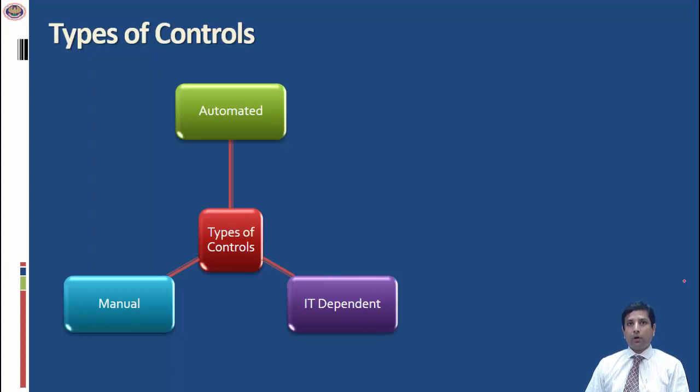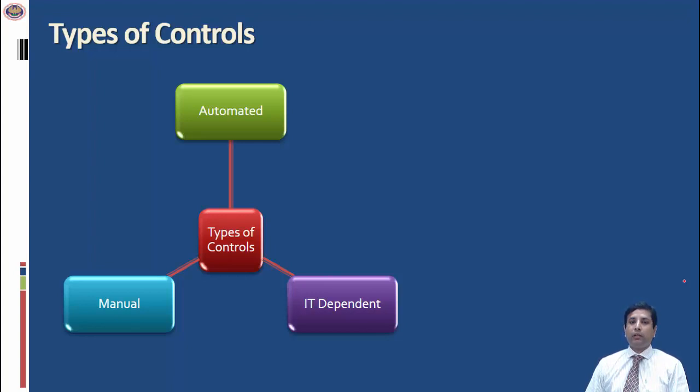It could be a report or any other information or data produced by a system which is used in the performing of a manual control. These are termed as IT dependent controls. Manual controls are those controls which do not require the use of IT systems. The business operations or the business transactions are performed manually purely by the employees or individuals in the company without the need to rely on IT systems or data coming from IT systems.